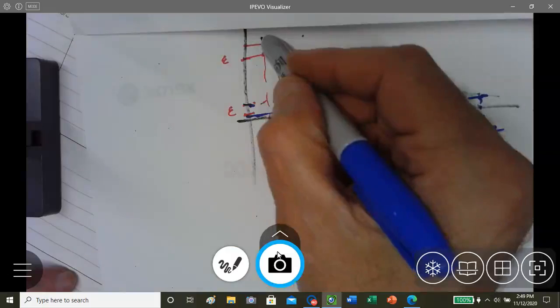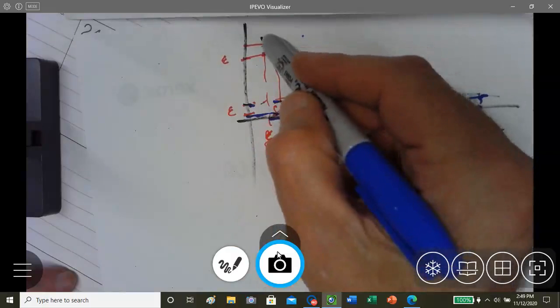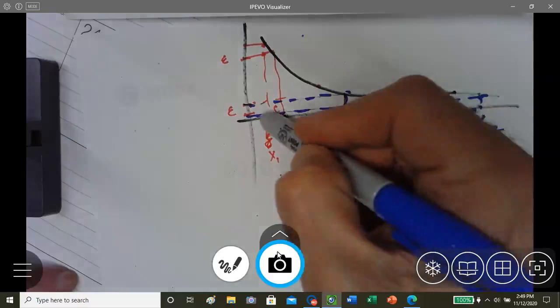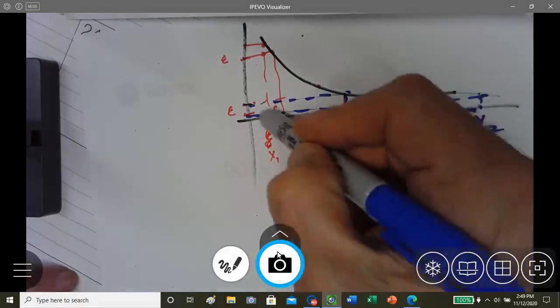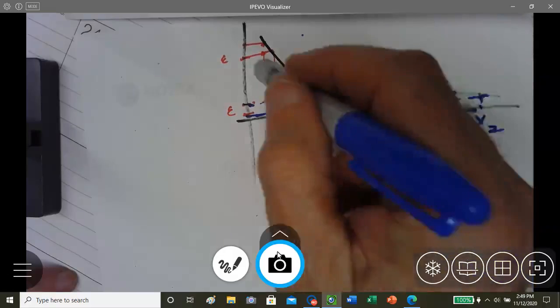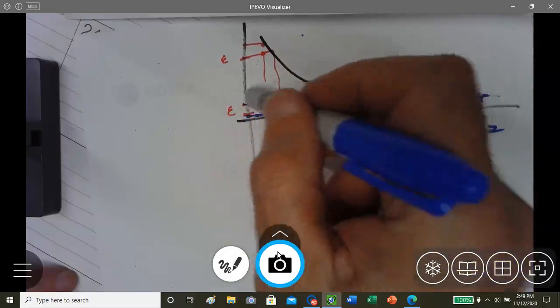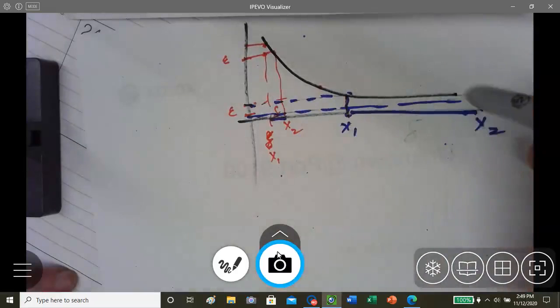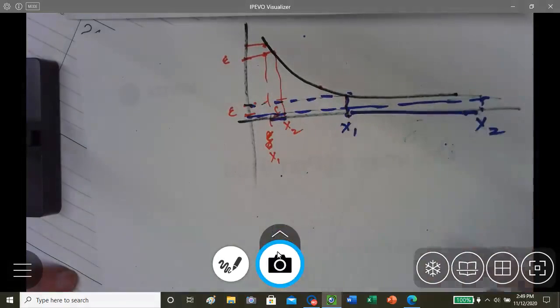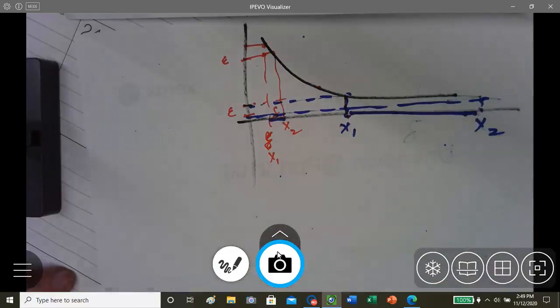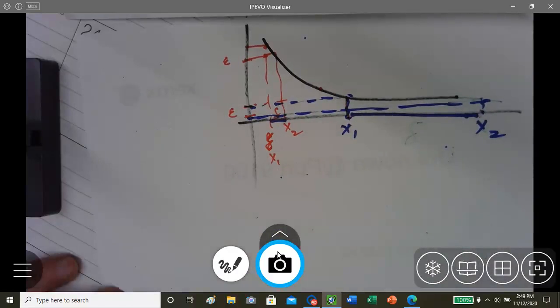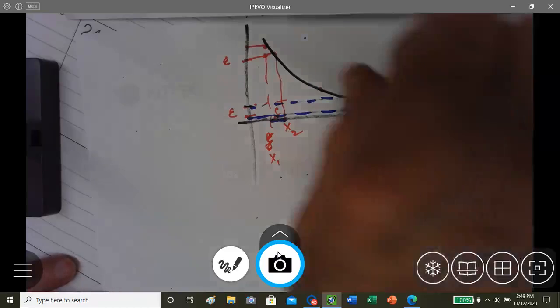Epsilon's the same here at the top, and that's our delta, but when we come further down the line and use the same epsilon, the delta is not the same, so therefore this function is not uniformly continuous.